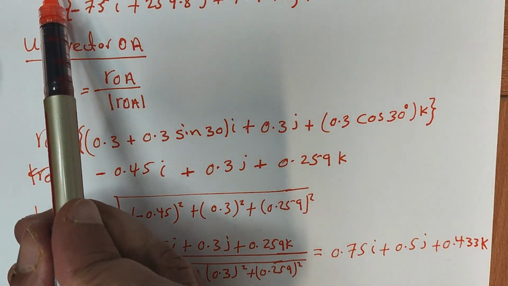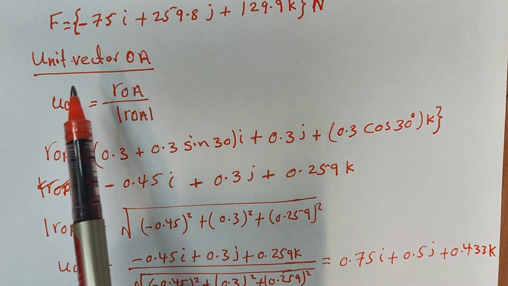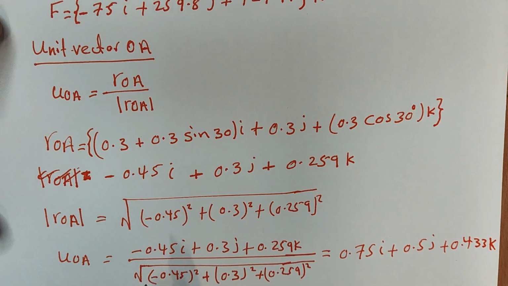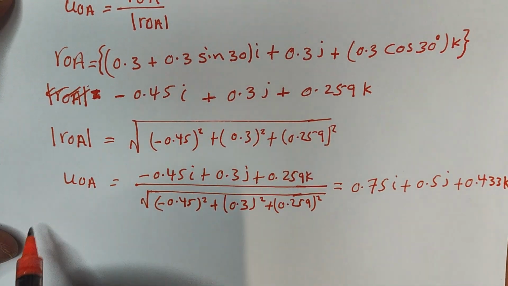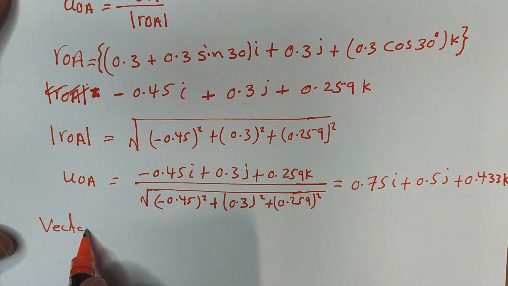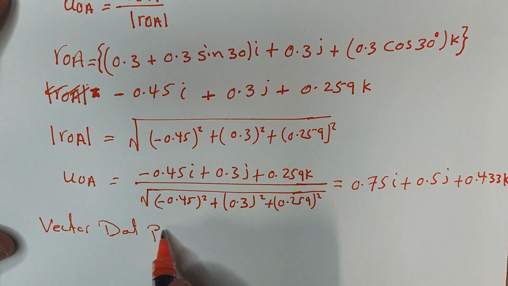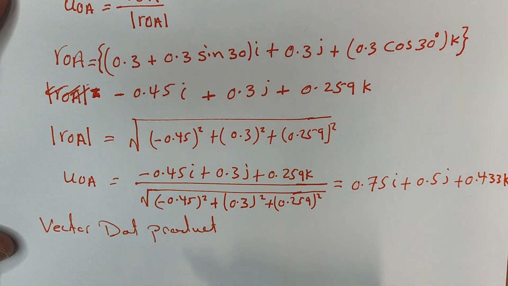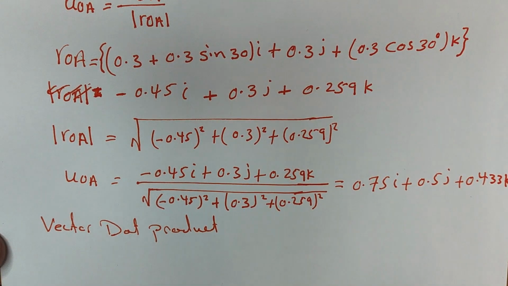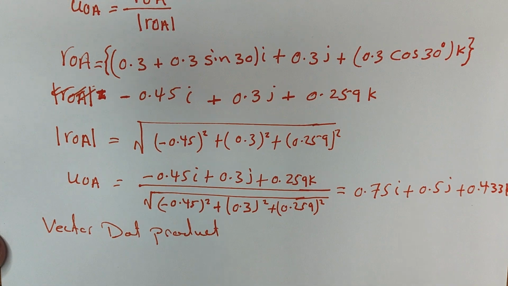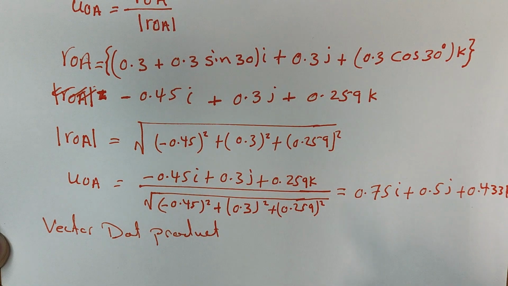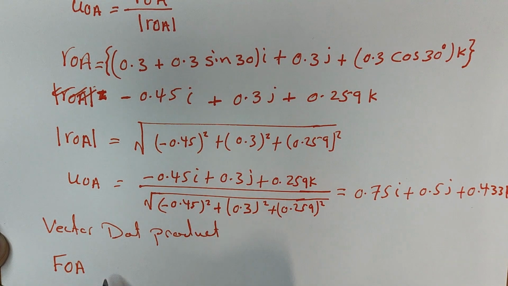Now we found the force vector, then the unit vector, and now we need to find the vector dot product. The vector dot product in this case is the magnitude of the projected component of the force F along the OA line, equal to F dot the unit vector OA.